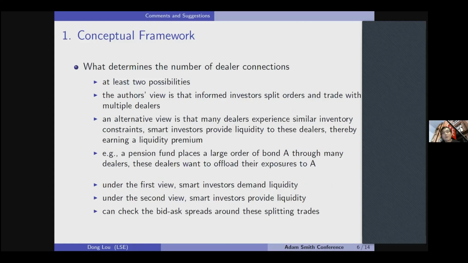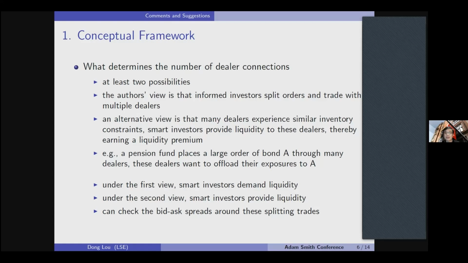Now, the third point on this conceptual framework is what determines the number of dealer connections. So there are at least two possibilities. The author's view is that those informed guys get information, then split their trades and trade with multiple dealers, right? They get their private signals first, and then they increase the number of dealers. Now, an alternative view is that many dealers may experience similar inventory pressure at the same time, right?